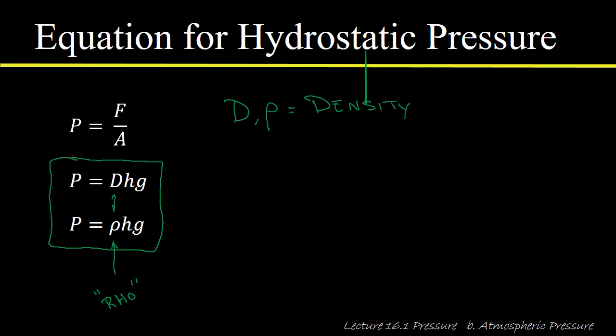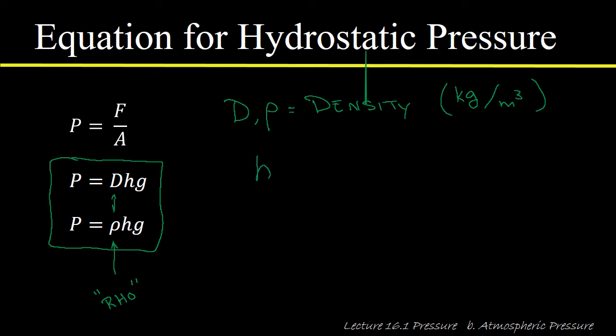And here's the important thing. The density of the fluid needs to be in kilograms per meter cubed. Most fluids give their densities listed in grams per cubic centimeter, so you may have to do a conversion factor there.